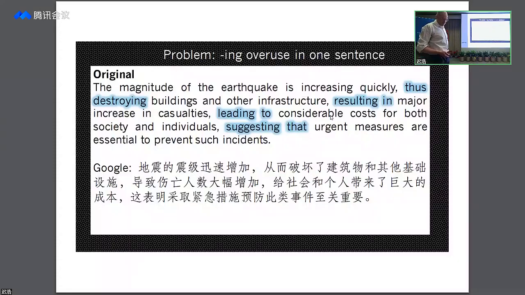Now that is horrible. So what I would like to ask you, when you use these ing forms, try to keep it down to one, or if it's really necessary, have two. Again, the more of them you use in the same sentence, the more ambiguous your statements become.